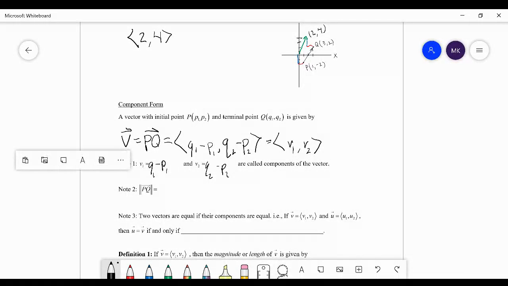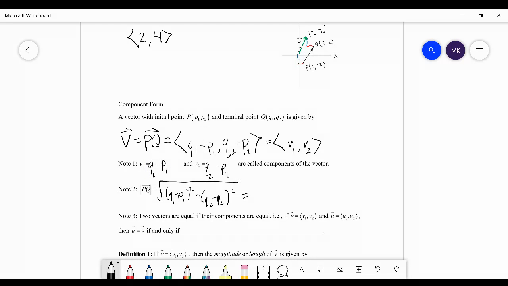So if we think about the magnitude here, our magnitude, if we go back to our distance formula for these 2 points, is the square root of (Q1 minus P1) squared plus (Q2 minus P2) squared. And if we look at what Q1 minus P1 is and what Q2 minus P2 is, we can see that this is really just the square root of V1 squared plus V2 squared.